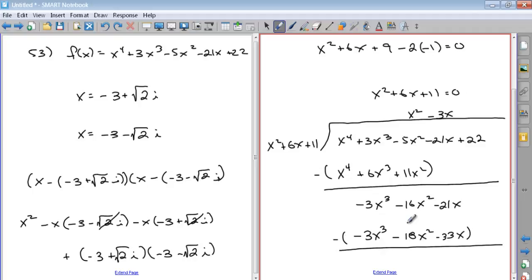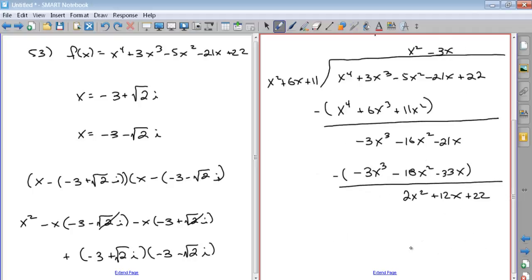So these go to 0. You get negative 16, positive 18, so you get 2x squared. And negative 21 plus 33 is 12. So that's plus 12x. And then you bring down 22. And if everything's perfect, this should end up with a 0 remainder, which it does.